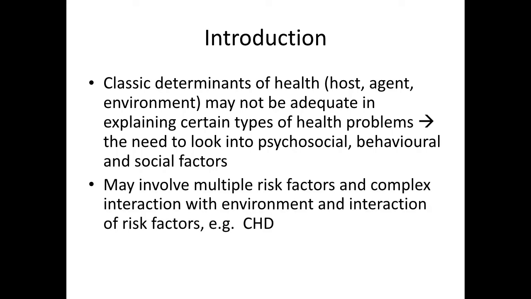The classic determinants of health, such as host, agent, and environment, may not be adequate in explaining certain types of health problems. So we need to look into other factors such as psychosocial, behavioural, and social factors. These may involve multiple risk factors and complex interactions with the environment and interactions of risk factors, for example in coronary heart disease.